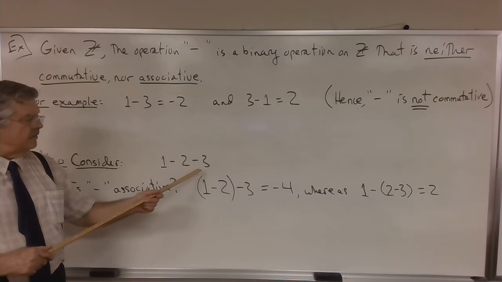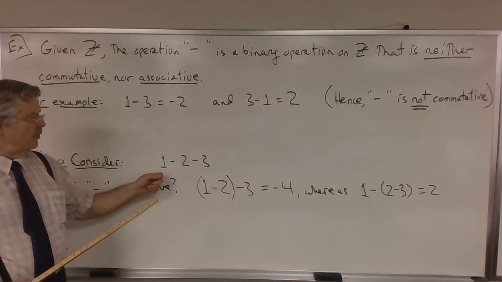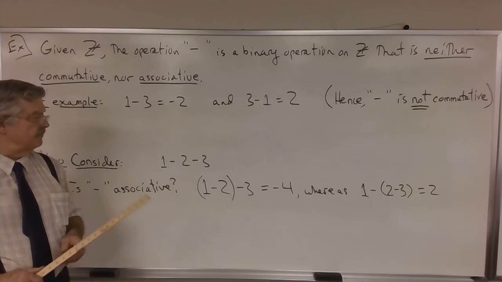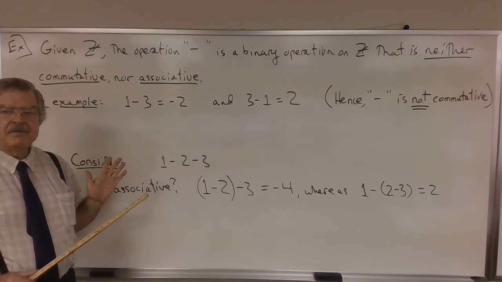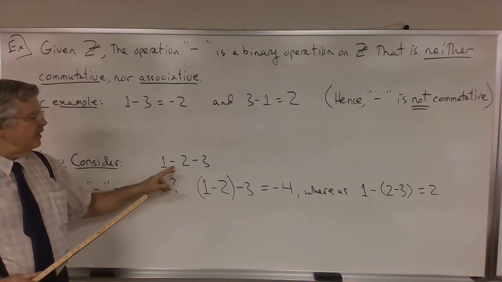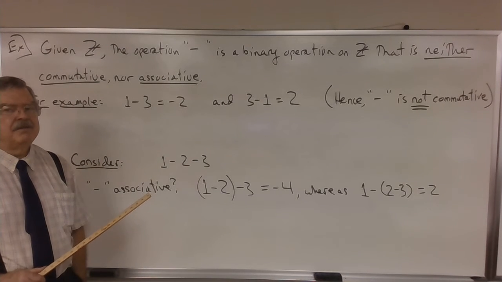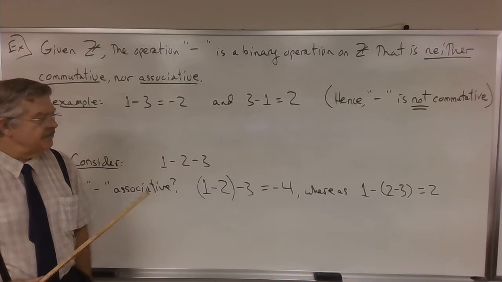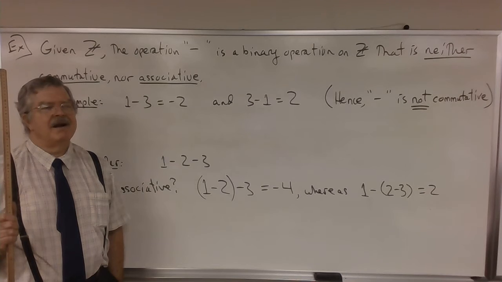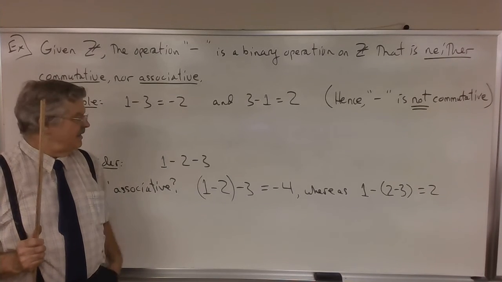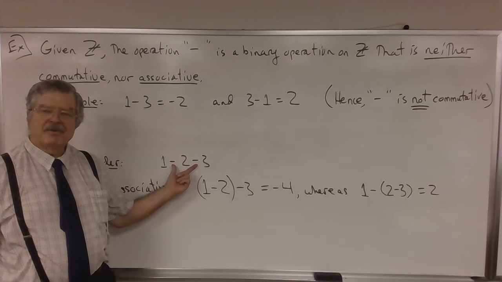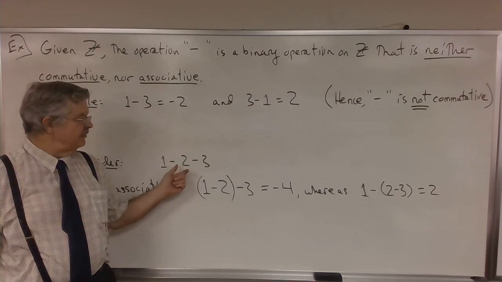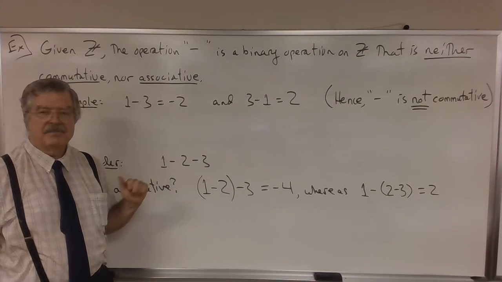Consider these 3 elements. 1, 2, 3. And the operation is subtraction. Now, if we don't have any rules telling us how to apply the operation, then we wouldn't know which one to apply first. Now, it turns out in our system of arithmetic, if an operation is repeated, then essentially we perform the operations in order of appearance from left to right.